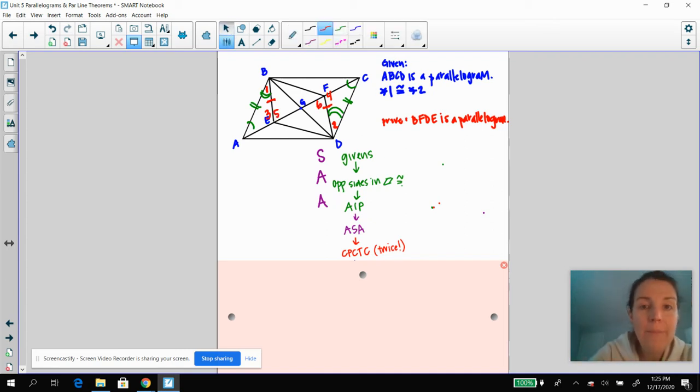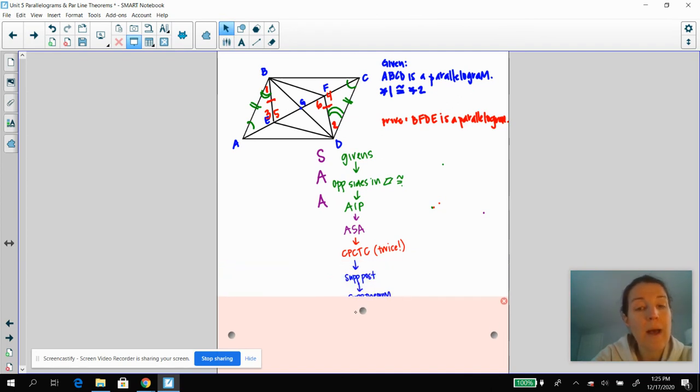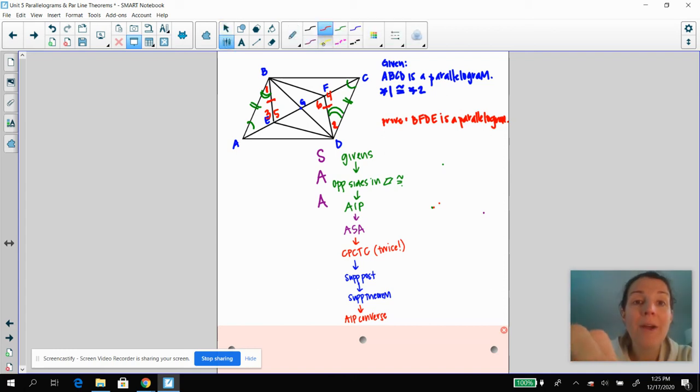Well, thanks to a little postulate and theorem, I now know that angle 5 and angle 6 are congruent to each other. So if I know that angle 5 and angle 6 are congruent to each other, that is huge because that tells me that BE and FD are going to be parallel to each other. See this?